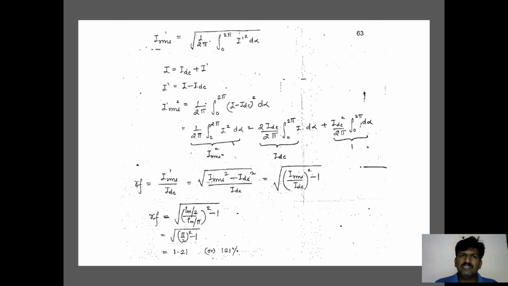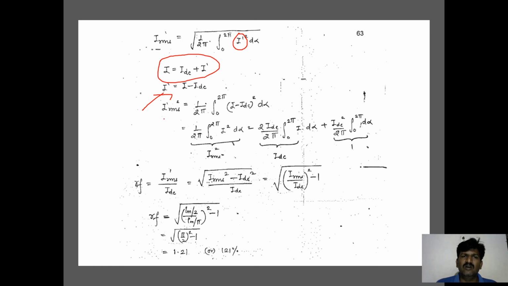What is I dash? It is the alternating current present in the rectified output. So the total current at the rectifier output is IDC plus I dash. This I dash is determined as I minus IDC.